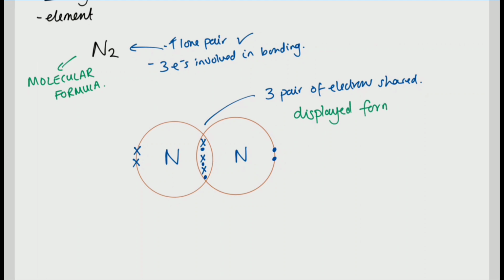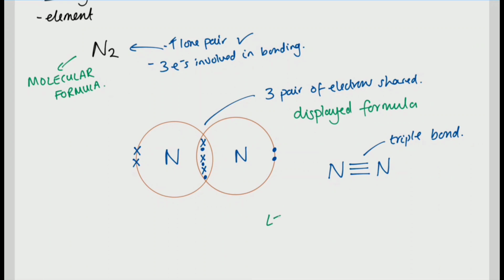Now we can draw the displayed formula for this. In the displayed formula, you don't need to draw the dots and crosses. So you have 2 nitrogen atoms, and remember 1 line represents a pair of electrons, so we'll have 3 lines representing 3 pairs of electrons, and this is known as the triple bond, and it is a very strong bond.